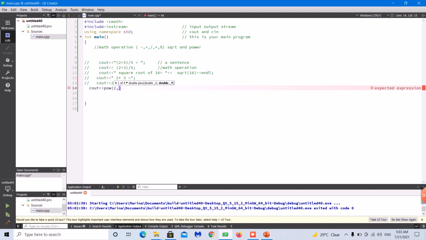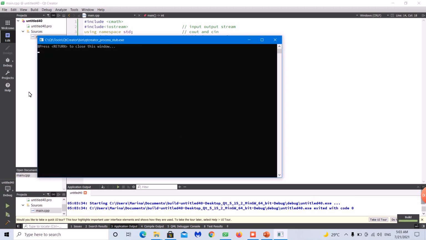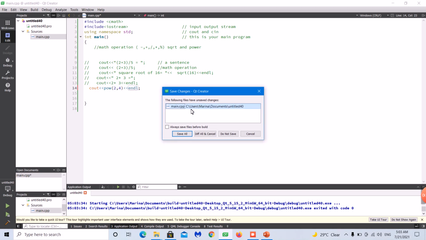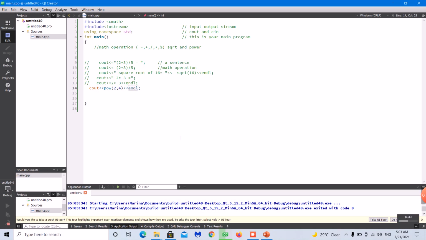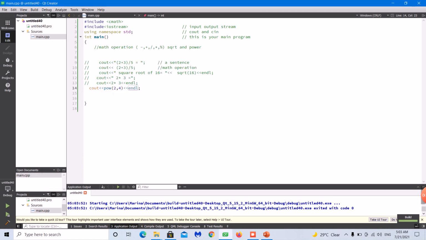So if I want 2 power 3, for example, which means that it's equal to 8, let's see, 8. Okay? If I want 2 power 4, and then endl, so 16. This is the POW function.